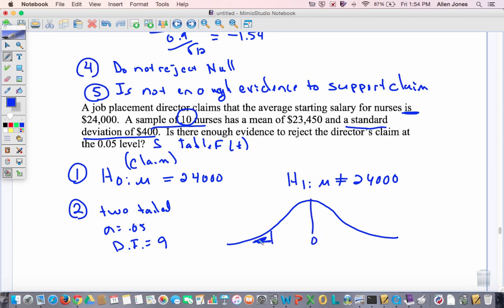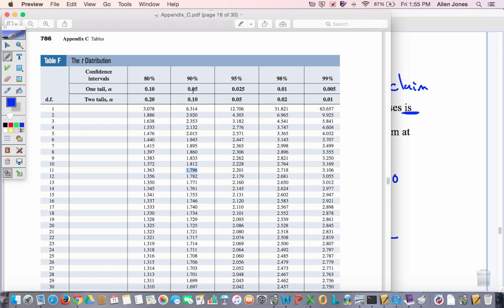So here I'm going to have both a positive and a negative critical value because I have a two-tailed test. I keep saying test score, I mean critical value. But alpha is 0.05 again, and our degrees of freedom are 9. So we go to our table. 0.05 in our two-tailed column goes right here.